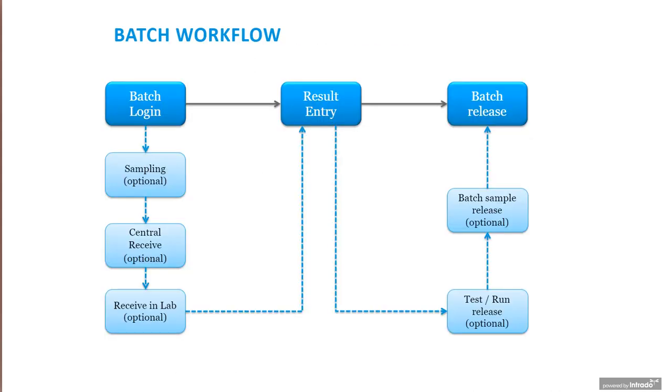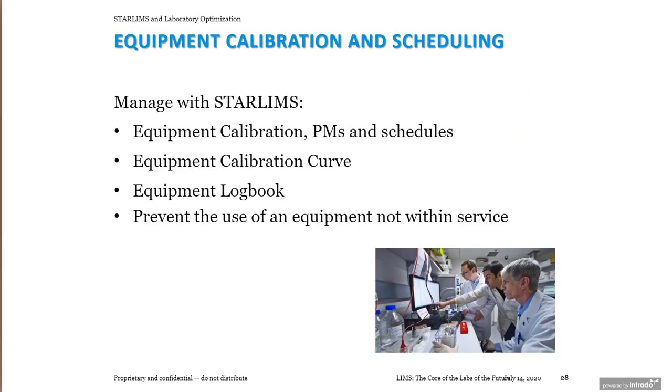And in the lab, the workflows could be as simple as just 3-step logging, result entry, or release, but you can have optional steps. And with our solution, we have default configurable workflows that cover all the possible scenarios of the lab without the need of customization, just configuration.